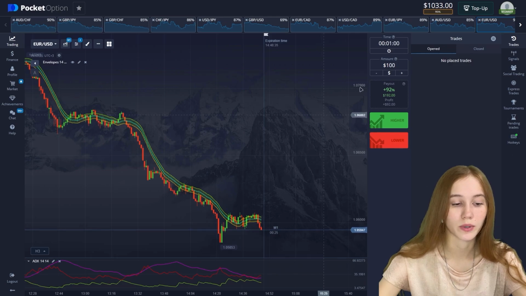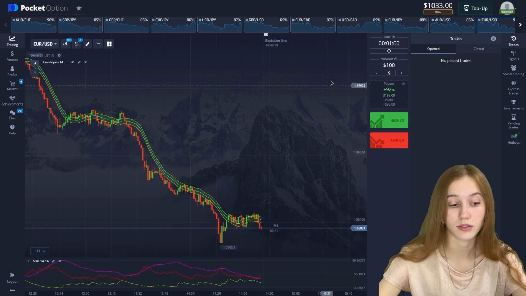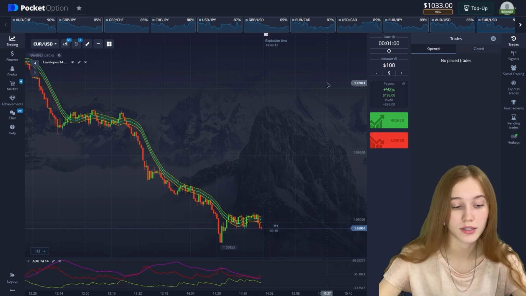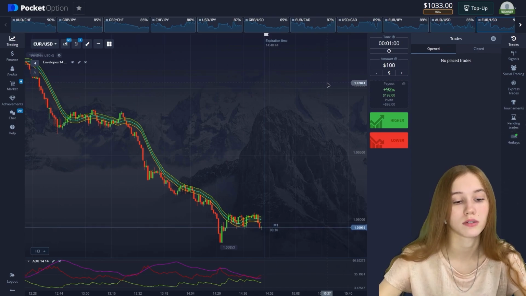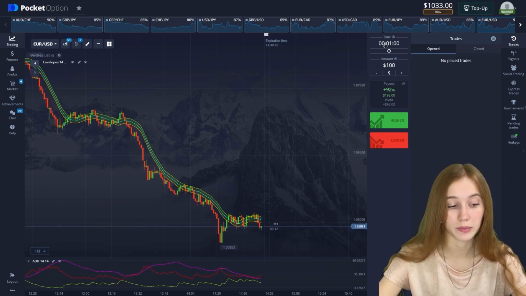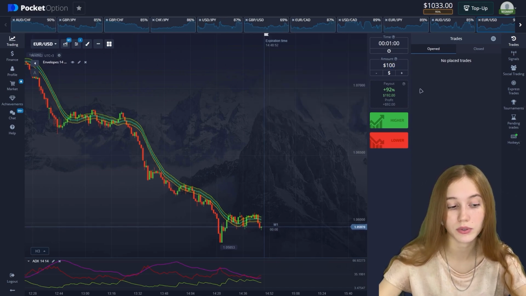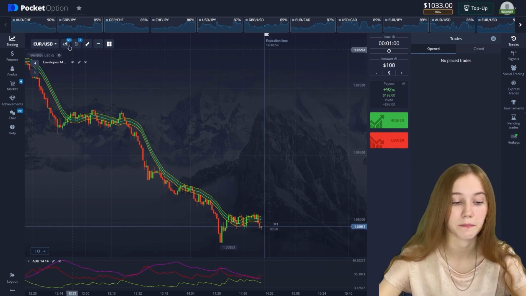Let's summarize it. We started with $100 and now it's more than $1,000. So we increased our balance almost 10 times. We traded for 1 minute and the amount of the deal is $100, and with the help of 2 indicators we traded today.